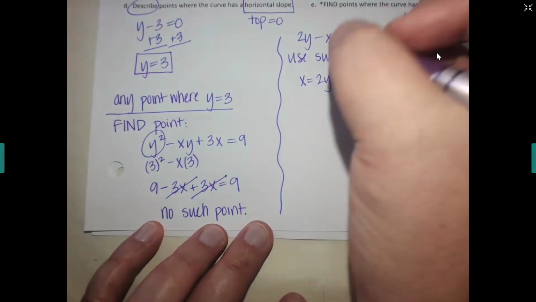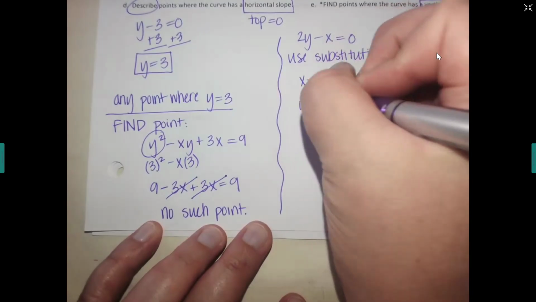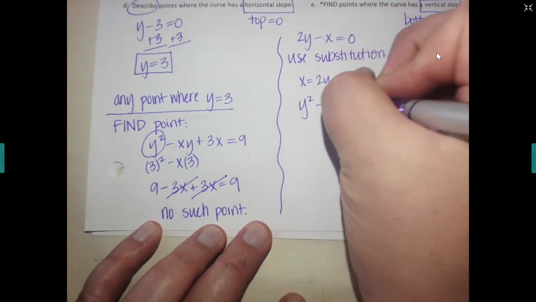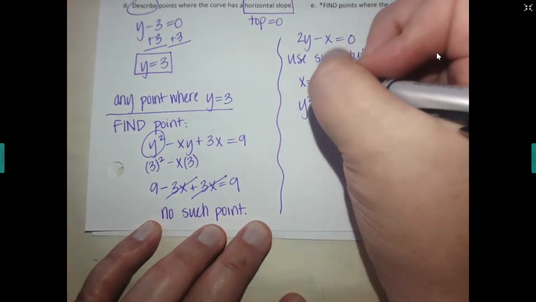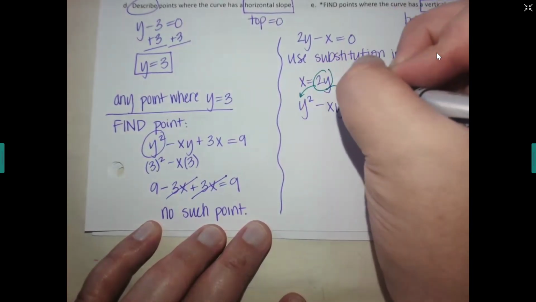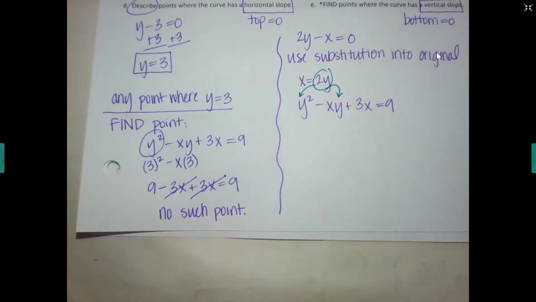Okay? So I'm going to rewrite my equation down here. You don't have to do this if you don't think that it's necessary. But I'm going to circle the 2y and I'm going to put it here and here. Are you wondering where that came from? That's the original equation from up here at the top.